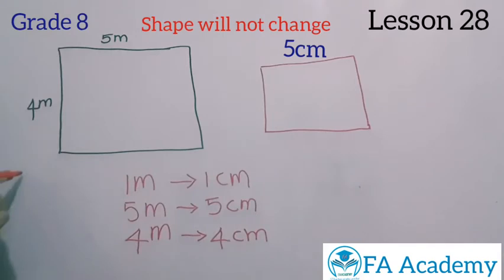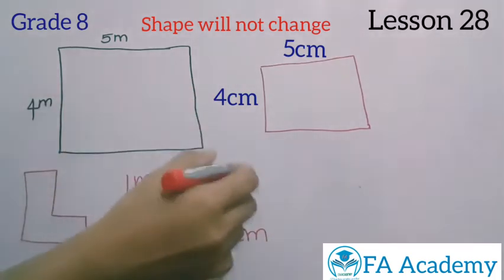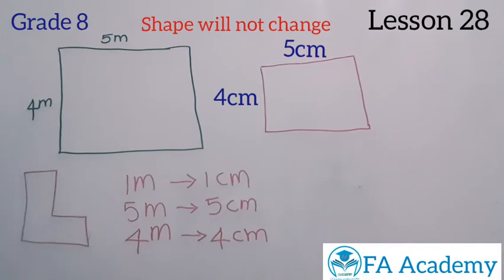Let's say your room is this kind of shape. When you draw the room, that is the actual length. When you draw that according to the scale, the shape won't change. The scale will change.